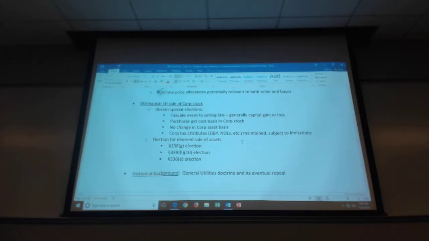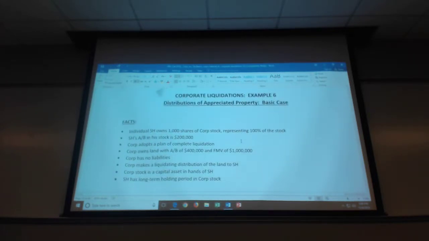I'm going to skip over the historical background for the moment. And we'll go to the basic case here for what happens to a liquidating corporation when it distributes appreciated property in a liquidation.